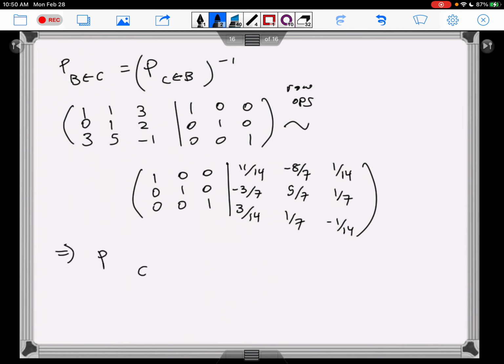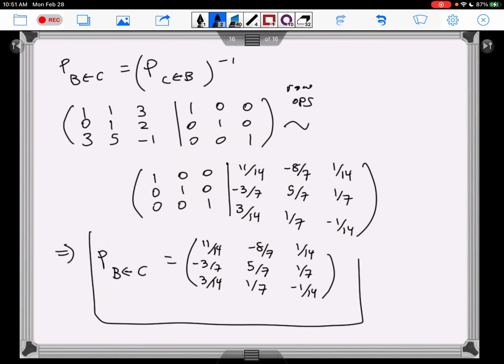So this means that change of basis matrix from C to B is indeed equal to 11 over 14, negative 3 over 7, 3 over 14, negative 8 over 7, 5 over 7, 1 over 7, 1 over 14, 1 over 7, negative 1 over 14.